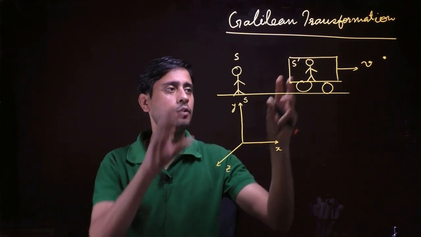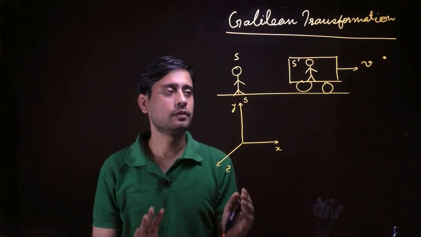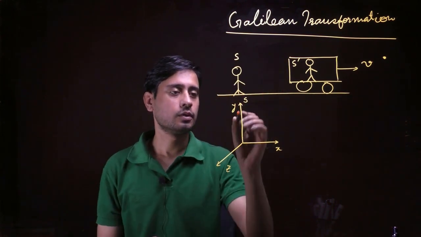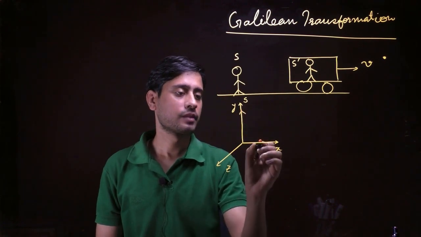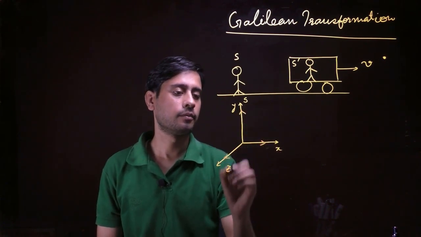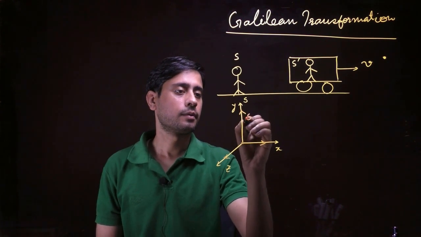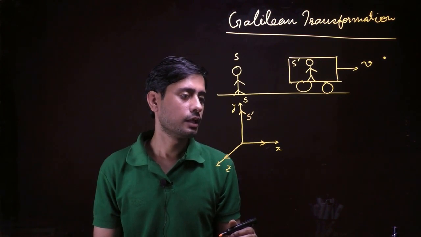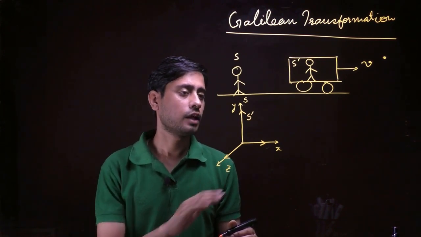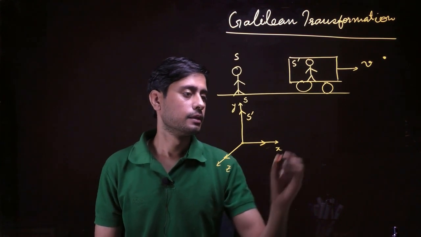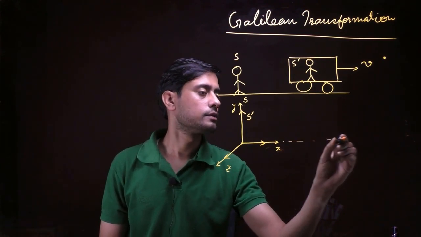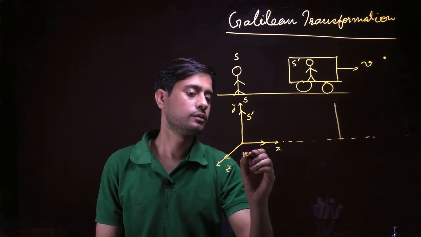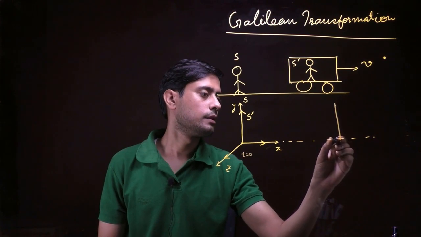We will consider that both the observers were at the same point initially, and after that one is at rest and the other is moving with velocity V. So initially S and S prime will coincide. Now after some time S prime will separate from S and it will be at a different location. This is at t equals 0, and after some time it will be here.